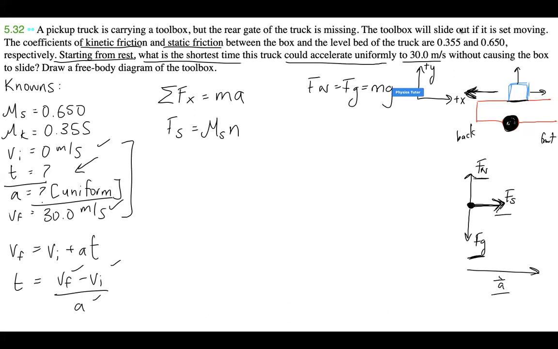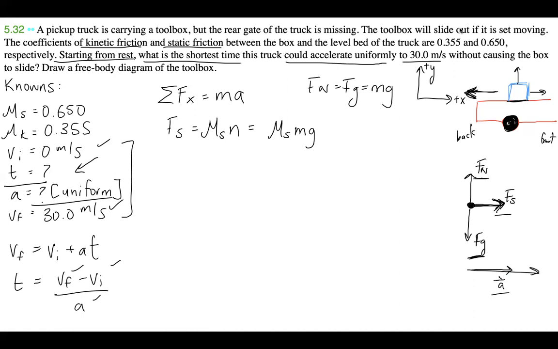Okay, so the force of static friction is equal to mu s times mg. And we also know that acceleration is this way, and that any force the object is experiencing is due to the truck.